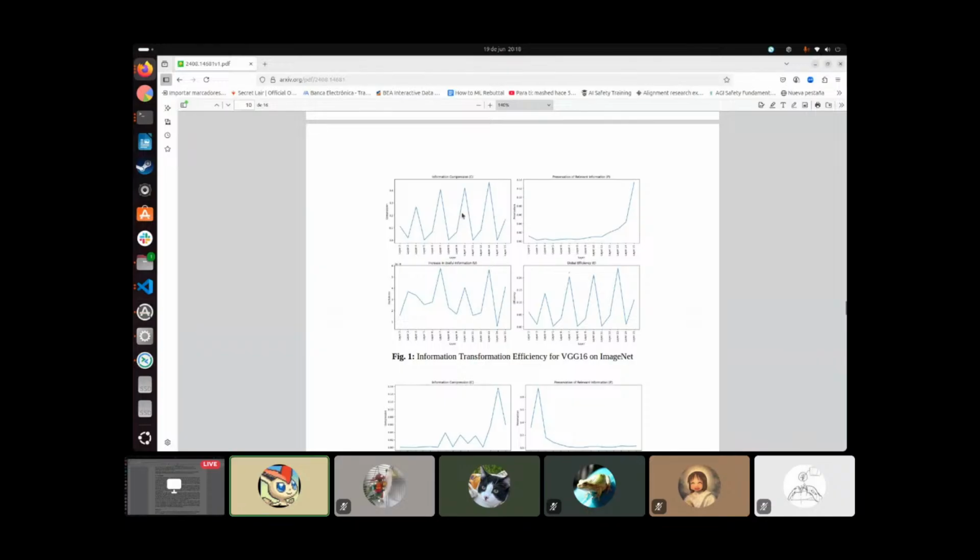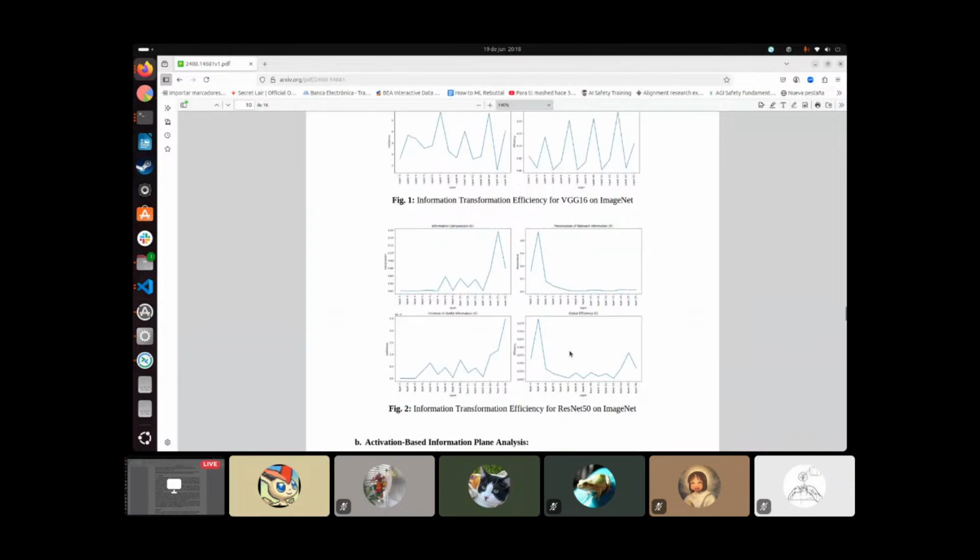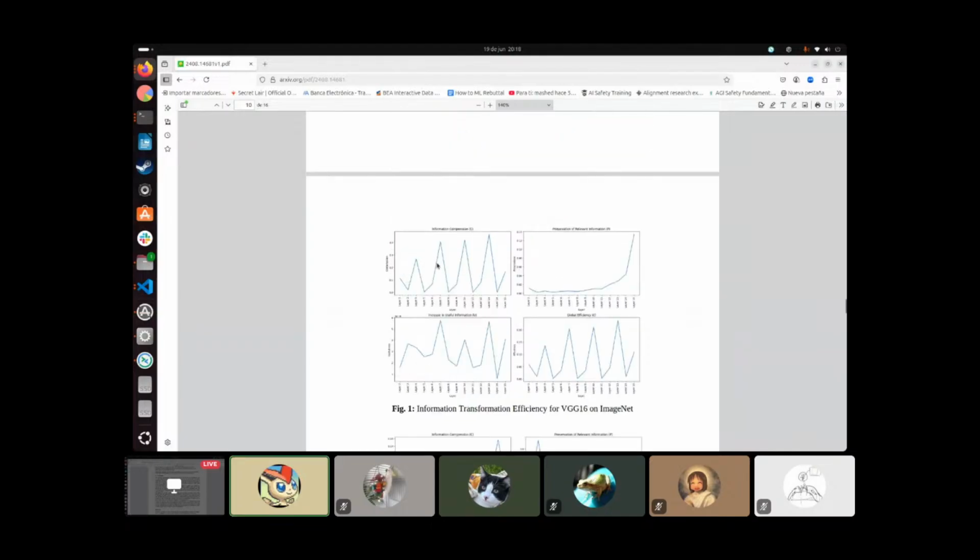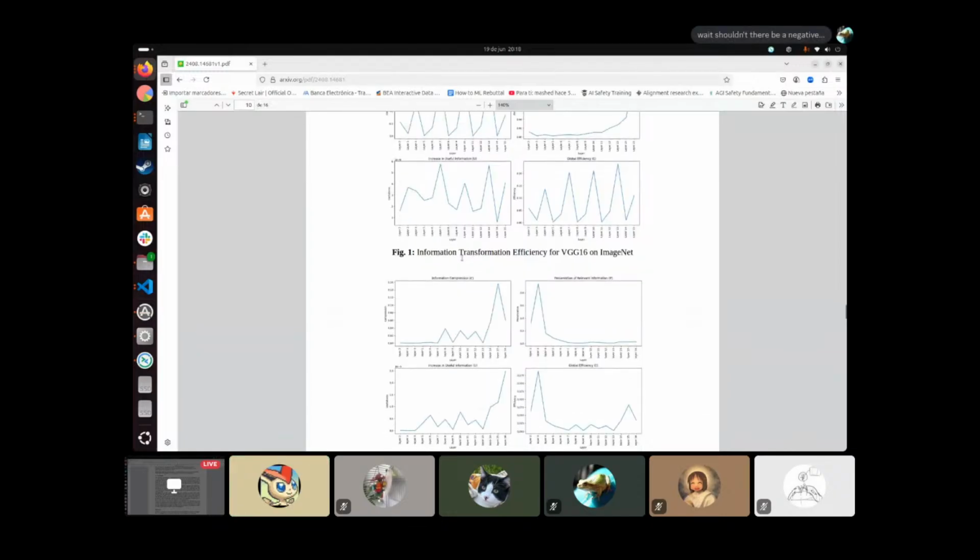So here the useful information, I guess this one has... information compression here is 0.4 at the peak, and here it is smaller.